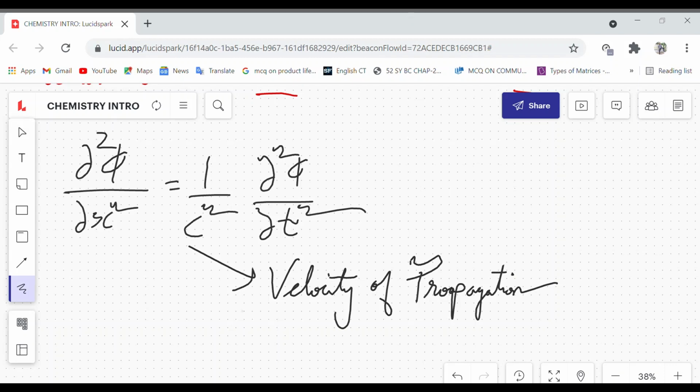So then this can be again written as phi is equal to f of x into g of t.